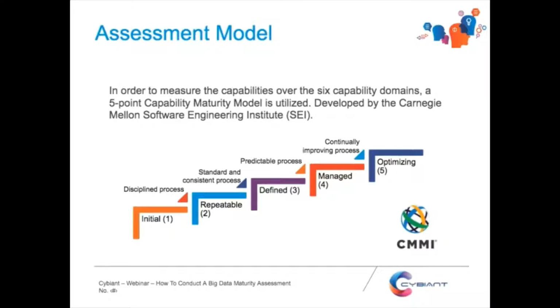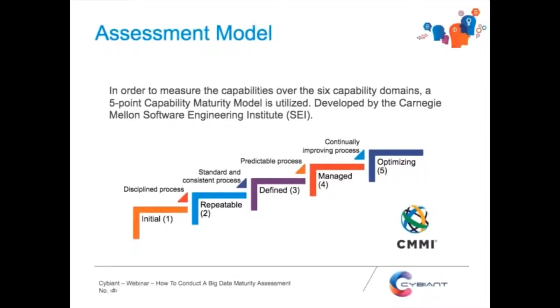And then in the last level, in order to move from level 4 to 5, you include the component of continual improving processes. This is really where the system starts to learn. This is also where a lot of machine learning comes in, so that every time you make a data-driven decision, the decision becomes better over time.